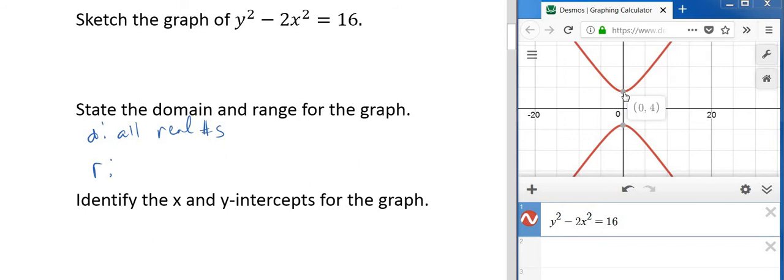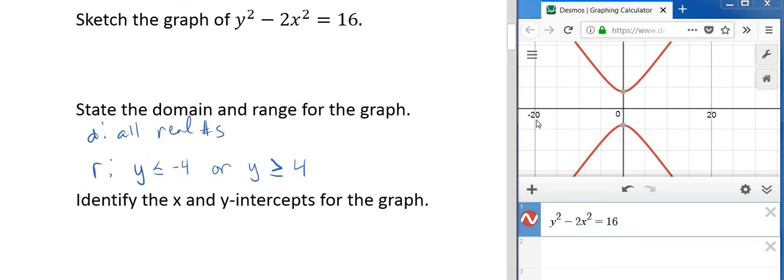There is -4, there's +4. It's everything except in between there. So let's describe that. y is less than or equal to negative 4, or y is greater than or equal to positive 4. So again, it's everything less than negative 4, everything greater than positive 4.